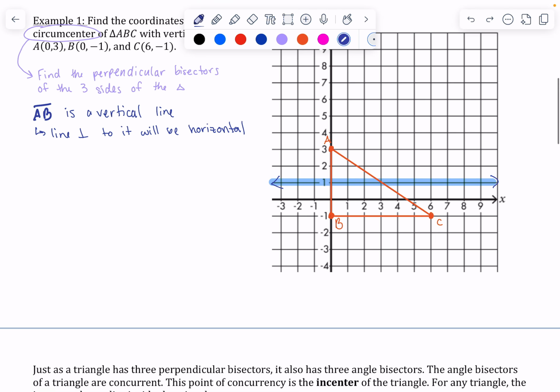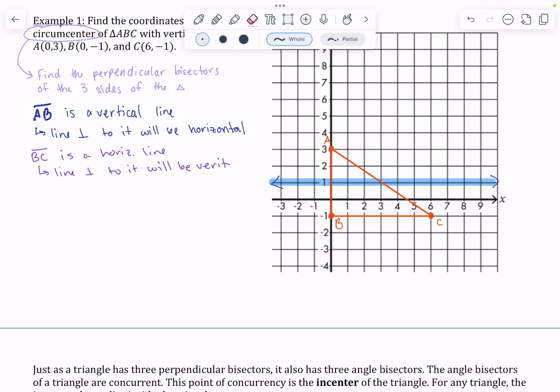Now I need to do it for the other two sides. So now let's do segment BC. For segment BC, let me just do a different color. BC is a horizontal line, which means the line perpendicular to it will be vertical.